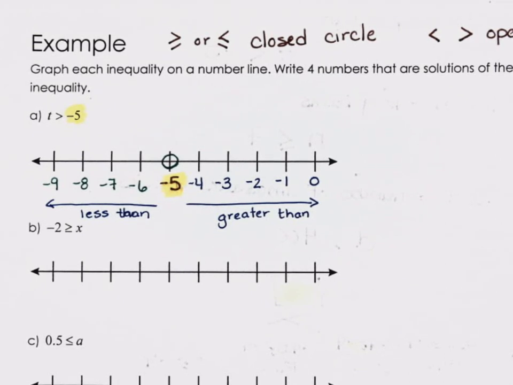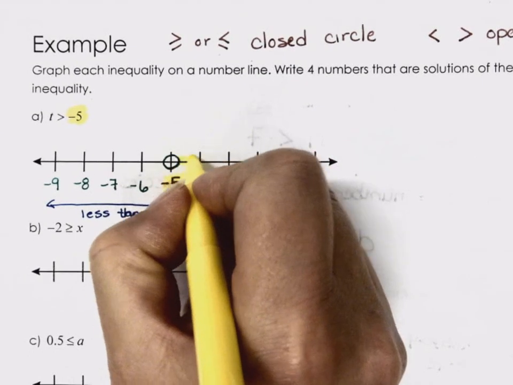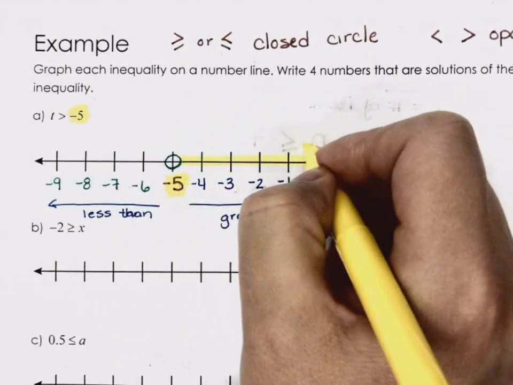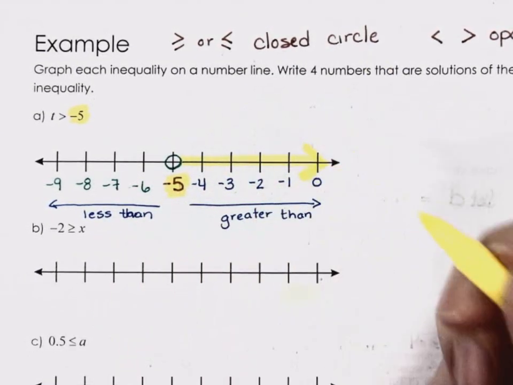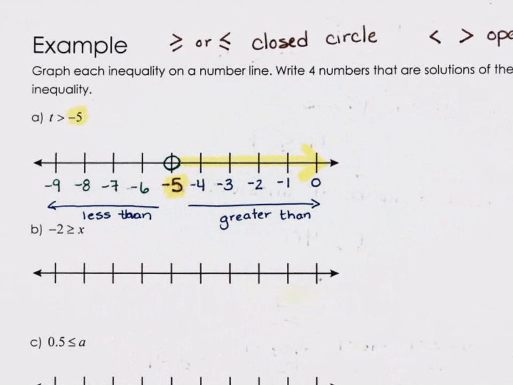So am I going to the right or to the left? I'm going to the right. So I'm going to use my highlighter for this one. I'm going to shade all these points and put an arrow on it. So anything to the right of -5 is greater than -5.